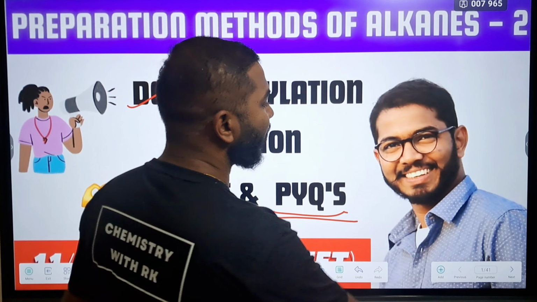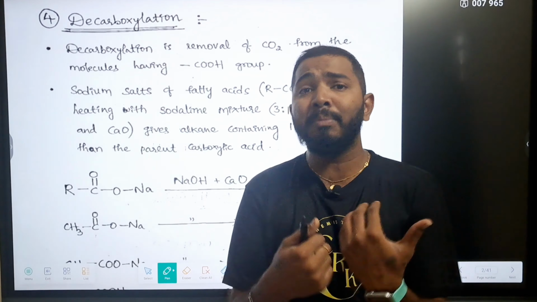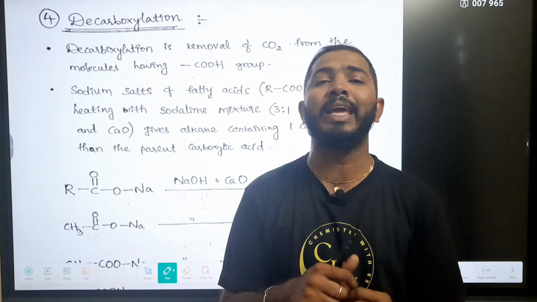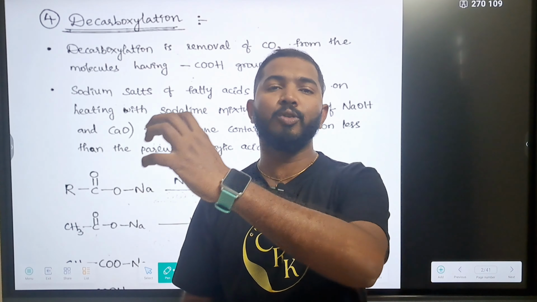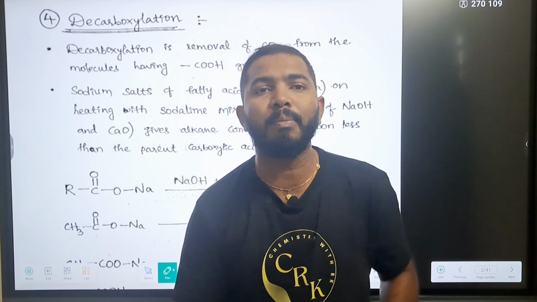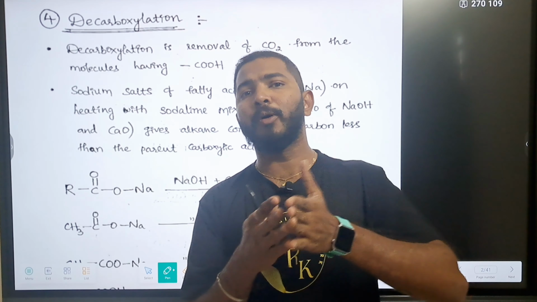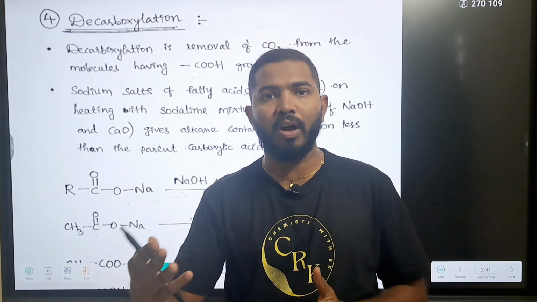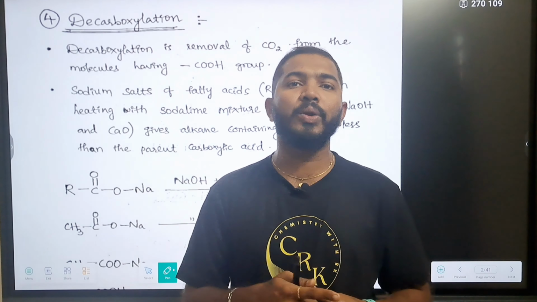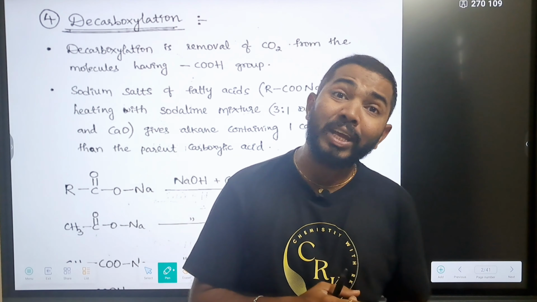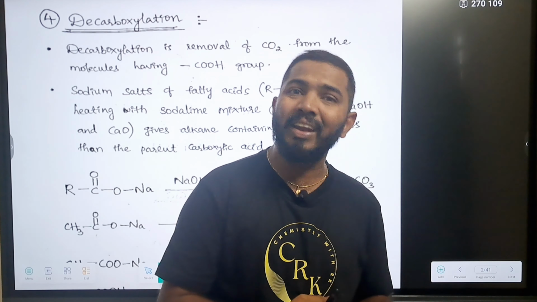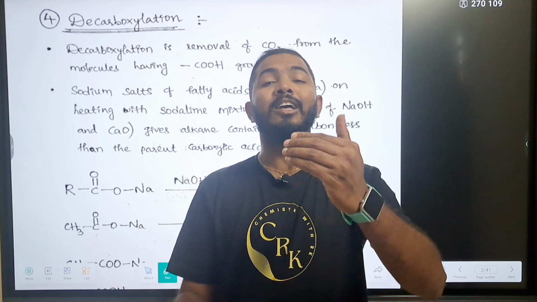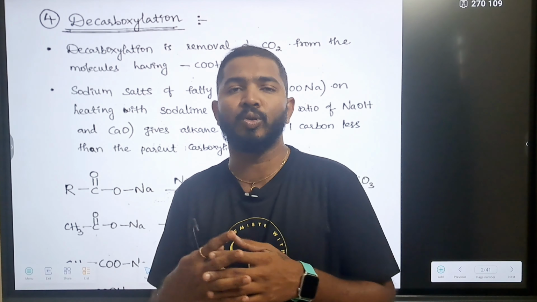Let us see first of all, what do we mean by decarboxylation? Decarboxylation is the removal of carbon dioxide from molecules containing COOH groups. COOH groups are generally present in carboxylic acids. When carboxylic acids react with sodium hydroxide, which is a base, we get the corresponding sodium salt of the carboxylic acid. Now this sodium salt of carboxylic acid is reacted with soda lime mixture. What do we mean by soda lime mixture?